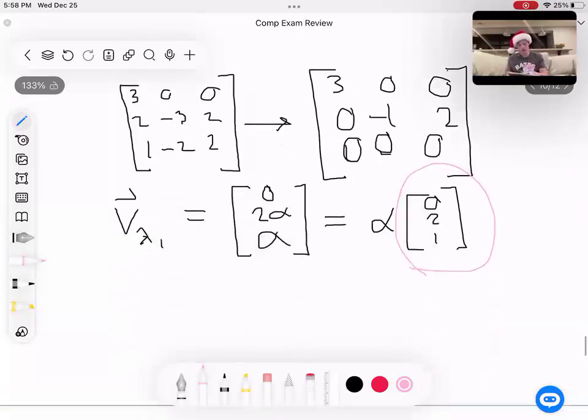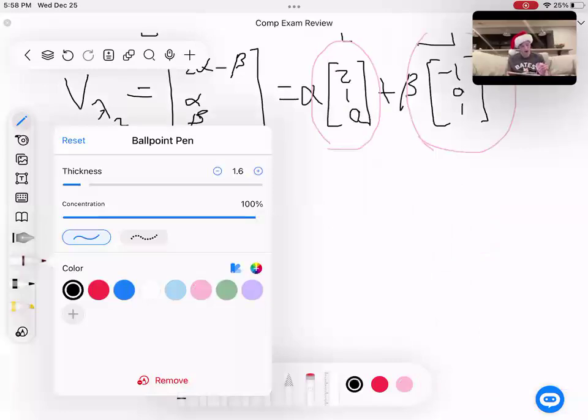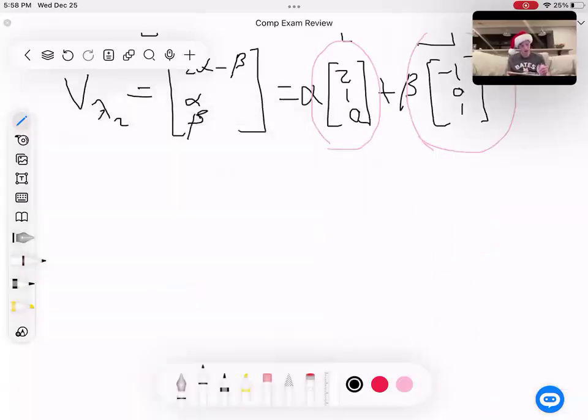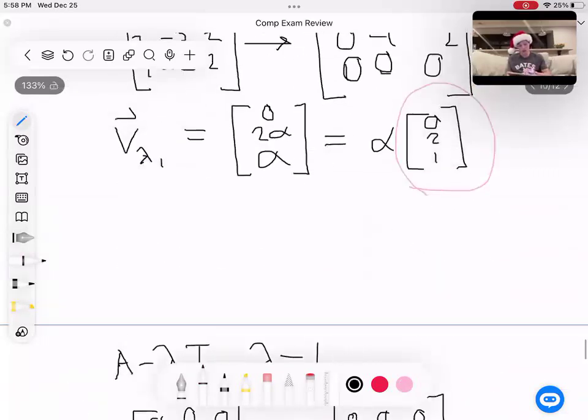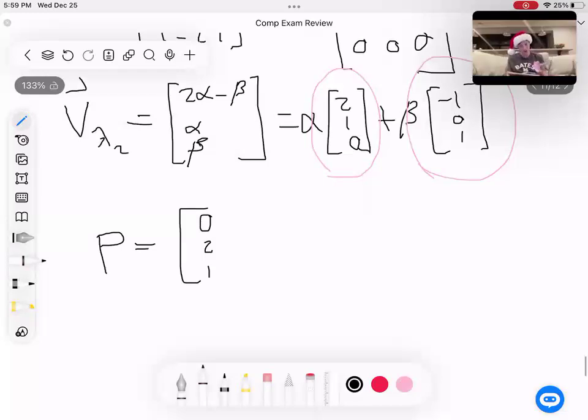So this vector right here, this 0, 2, 1, that's going to come first in our P matrix, right? So let us go back to the black marker and say that P, right, our first eigenvector is going to be 0, 2, 1, because that perfectly matches what we have here. And then our other two eigenvectors are just going to go next to it. So 2, 1, 0, and -1, 0, 1.